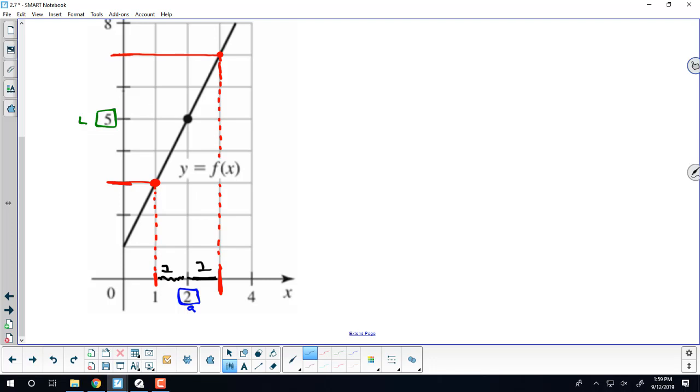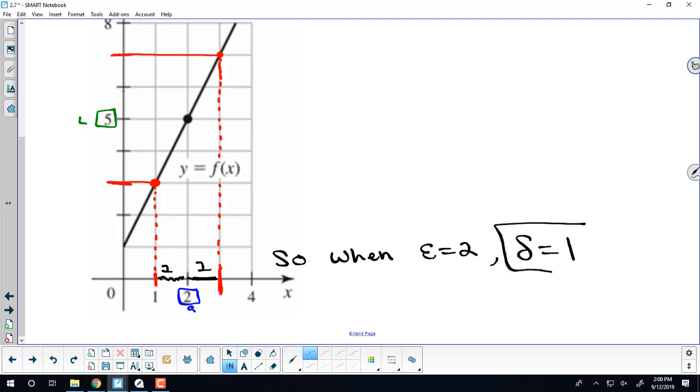And that would be delta, right? And that's delta. So given epsilon is 2, we're just going to use the graph to find the window along the x-axis that we need to be in. That's all you need to do, is find that delta.